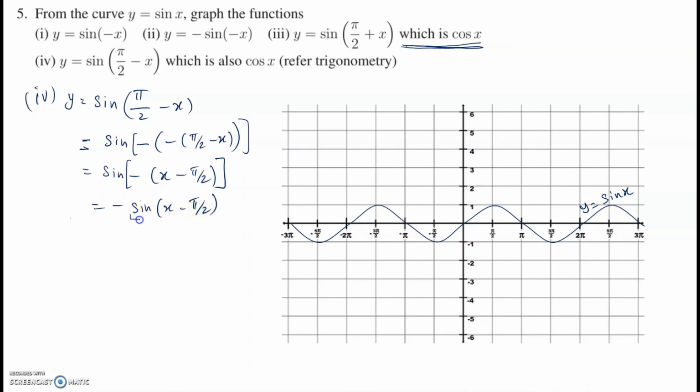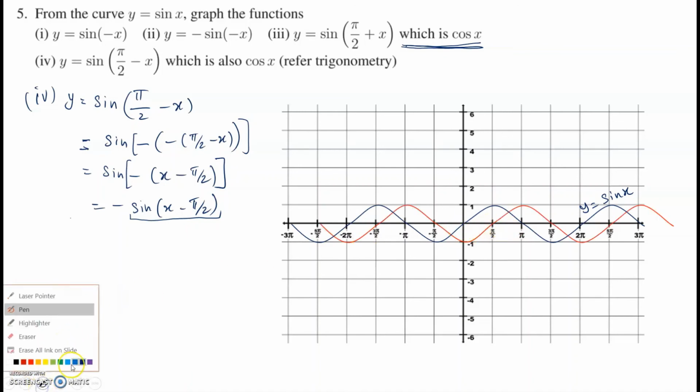So let's just take this function sine x minus pi by 2. If this is your sine x function, sine x minus pi by 2 will shift this graph by pi by 2 to the right. So your graph will look like this. So let me graph it.